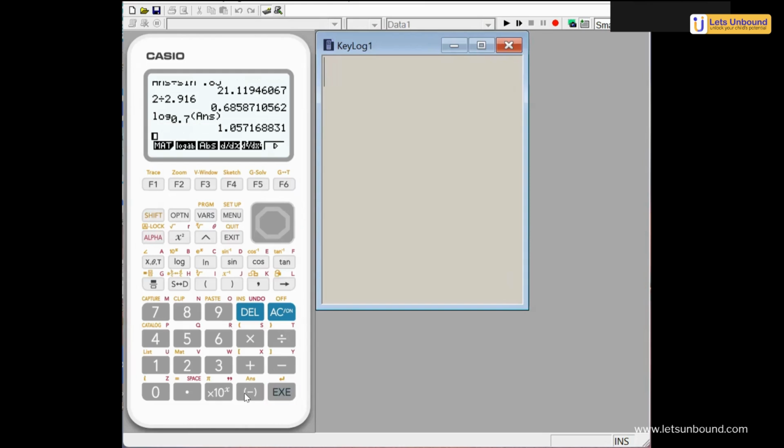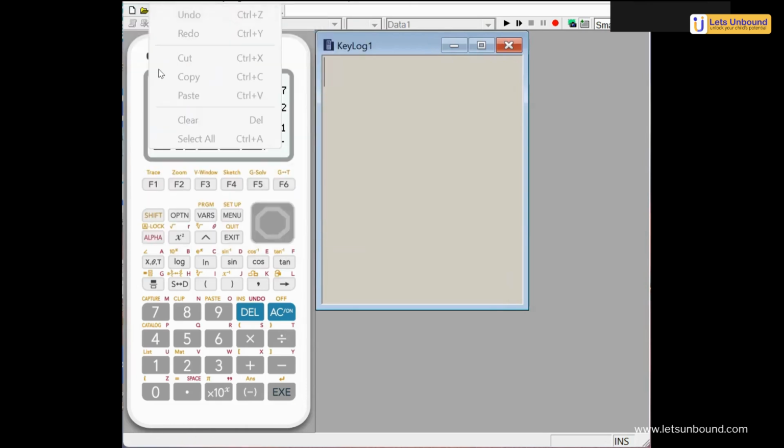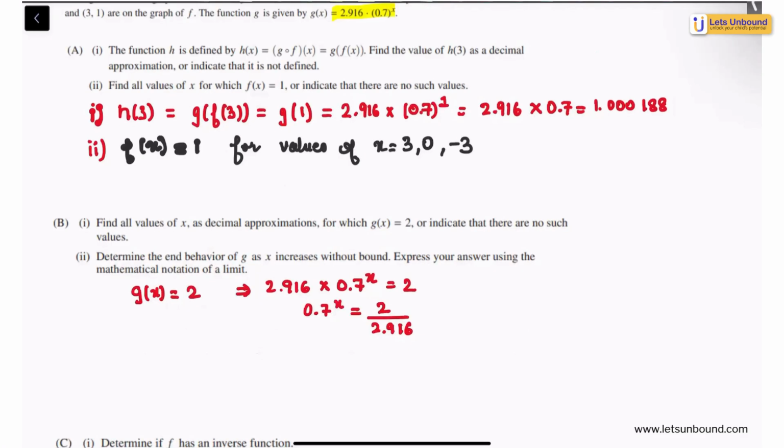When we solve for it, we're getting our answer as 1.057, as you can see. So 1.057 is our answer for the log base 0.7 value. Therefore, we will use this in our answer now.